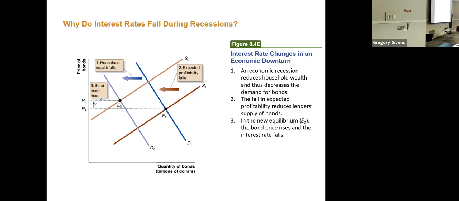In other words, one might conclude from this that the cyclical sensitivity of supply is somewhat greater than the sensitivity of demand. Okay, so that's how you can take this very straightforward supply and demand model of the bond market to try to provide a little bit of insight on what must be happening during recession regarding interest rates, bond prices, and overall economic conditions.